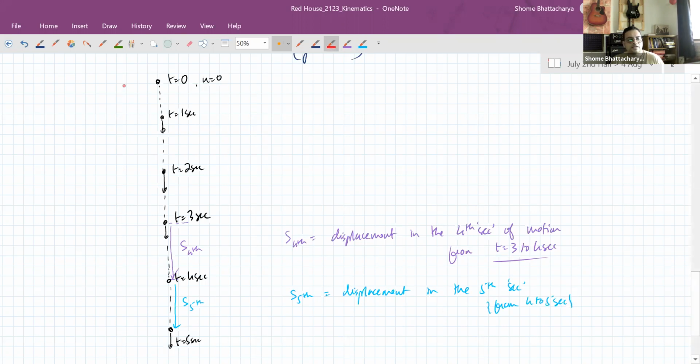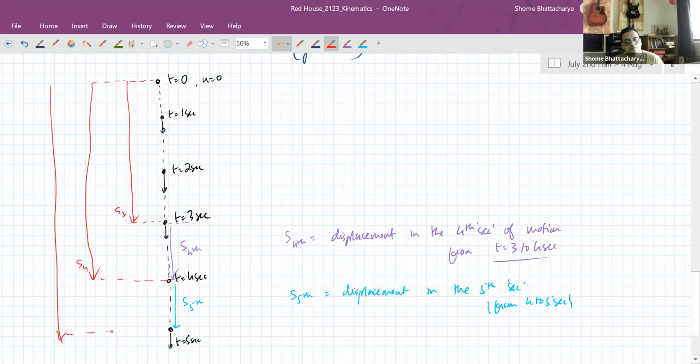Now, of course, we can calculate all these things. This is the displacement after 3 seconds. This is the displacement after 4 seconds. And this is the displacement after completion of the 5th second. So you can see that S4 is total displacement after 4 seconds minus total displacement after 3 seconds.